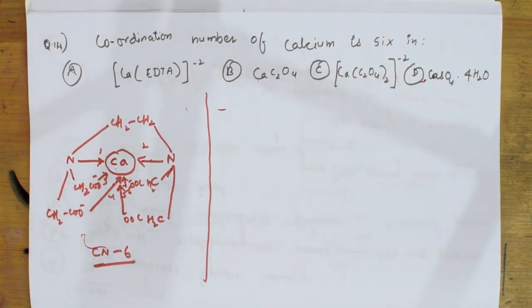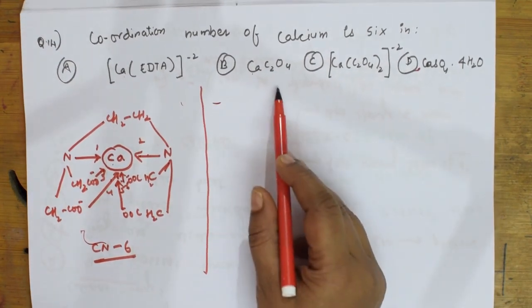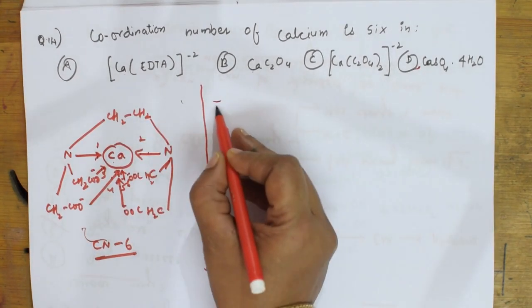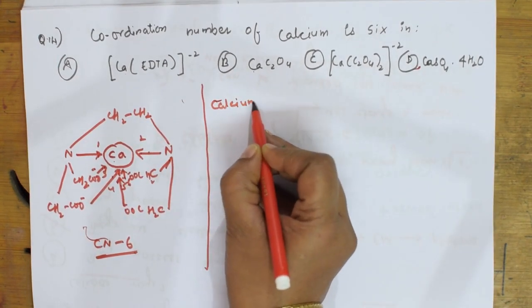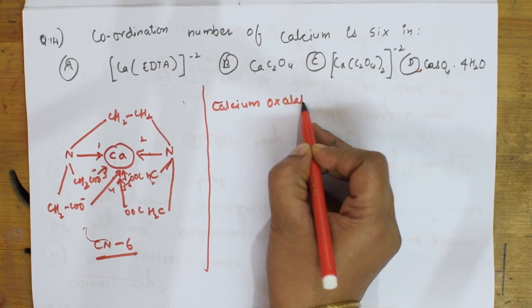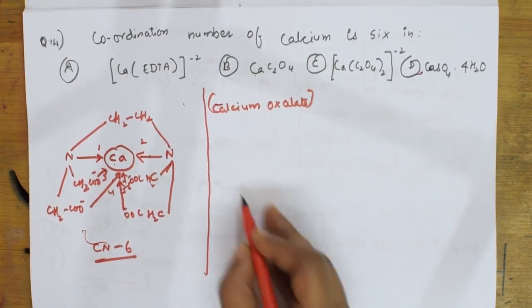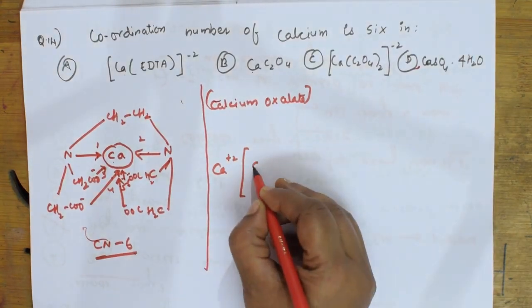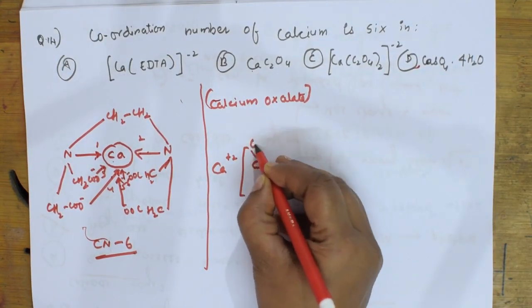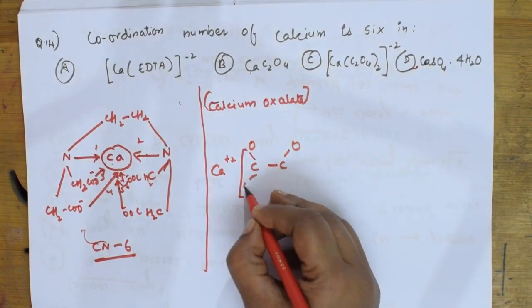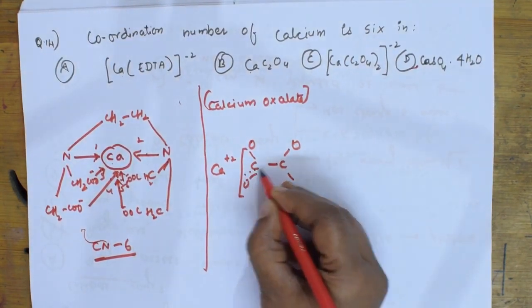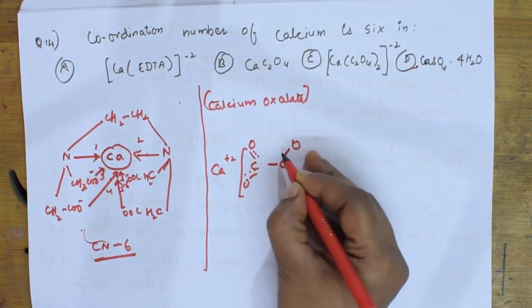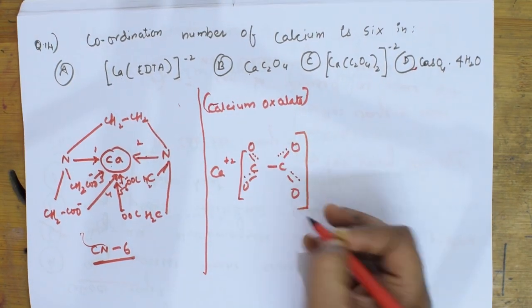Let me see whether anything else is there. Here, what is this? Calcium oxalate, isn't it? What is the calcium oxalate structure? Basically, calcium Ca plus 2, oxalate is C with 4 oxygens. This is calcium oxalate.